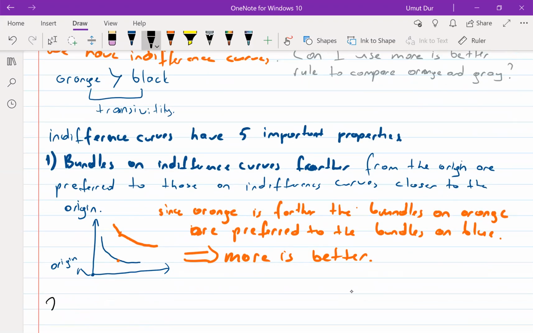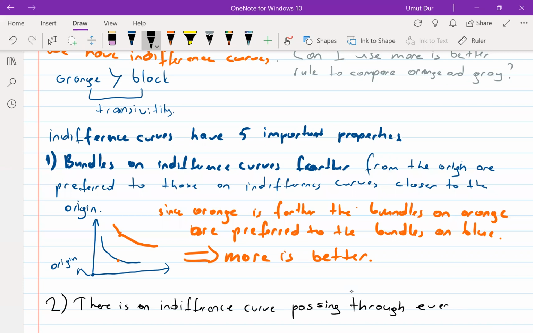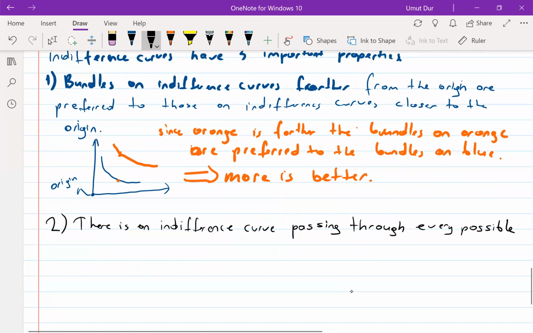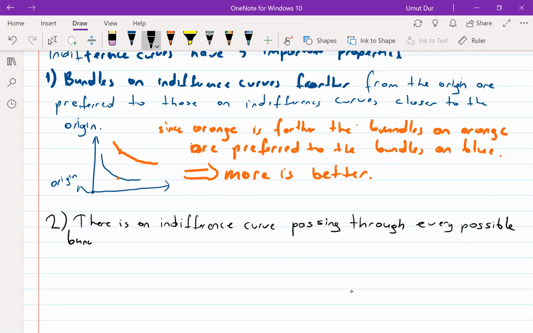The second one is: there is an indifference curve passing through every possible bundle.